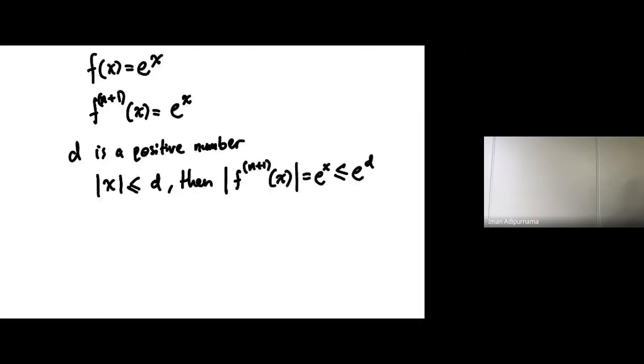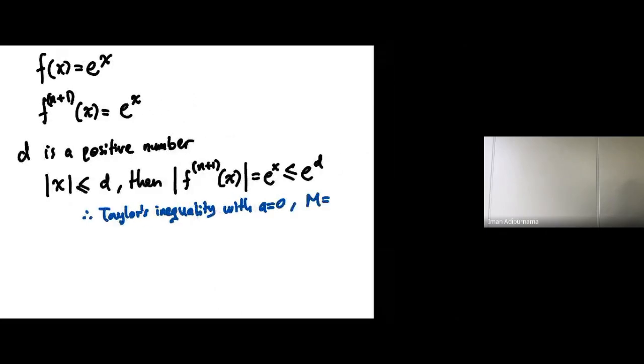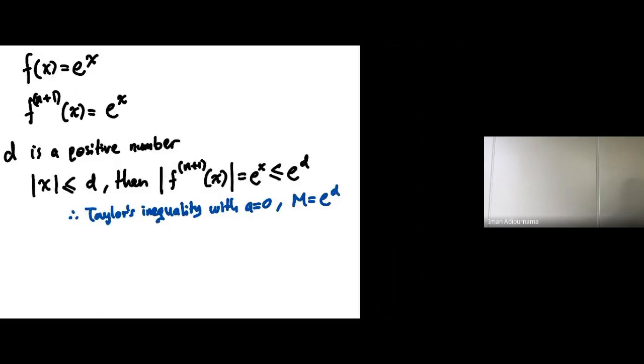So Taylor's inequality with a equals 0 and M equal to e to the d.